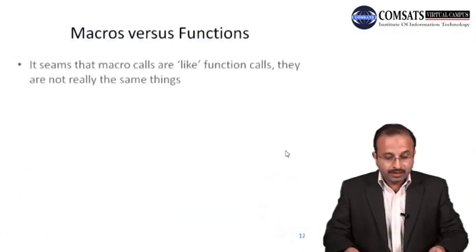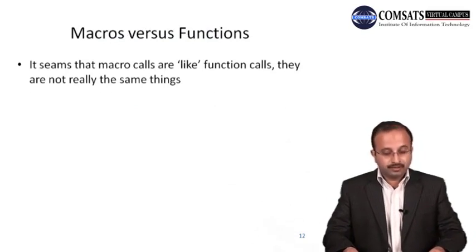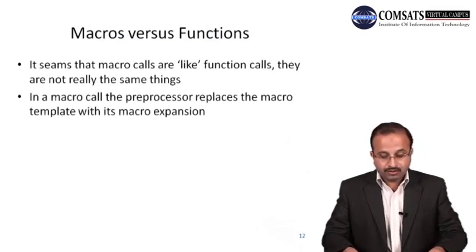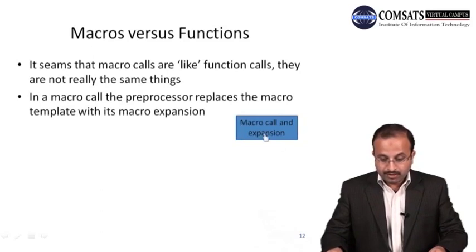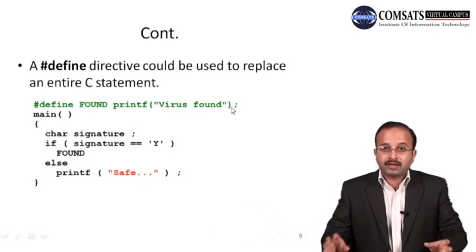Macros versus function. It seems that macro calls are like function calls. They are not really the same thing actually. In a macro call, the preprocessor replaces the macro template with its macro expansion. What does that mean? So this is a macro template and this is a macro expansion. So this printf statement is the macro expansion.